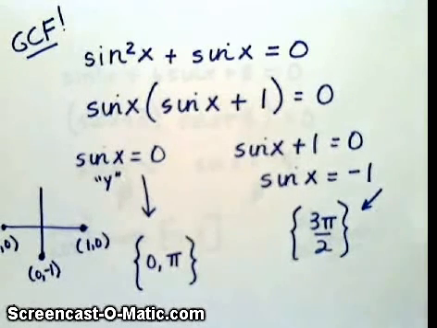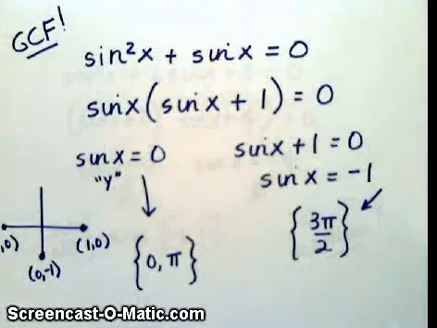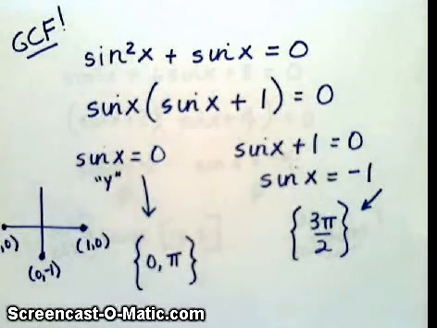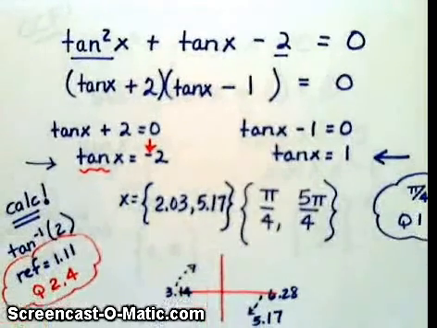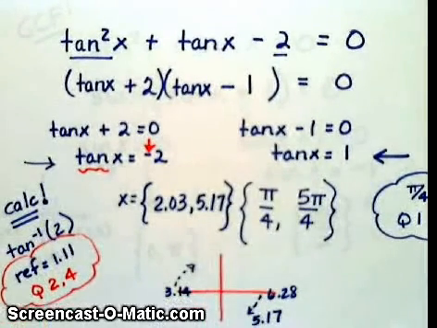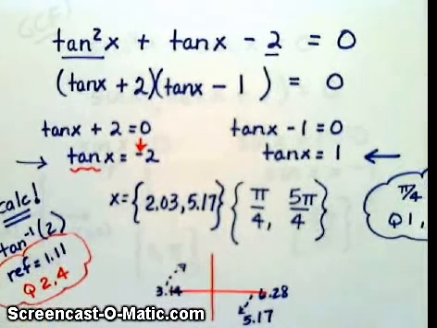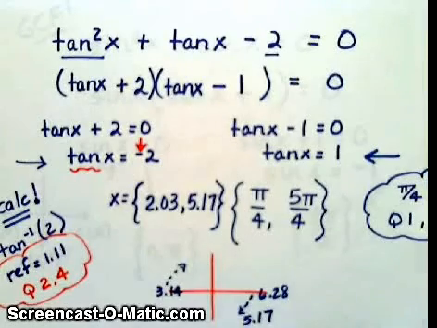Our second example involved a quadratic example that would factor. This was tangent squared plus tangent minus 2. No problem breaking it down. Two sets of answers, one from the chart, one from the calculator.